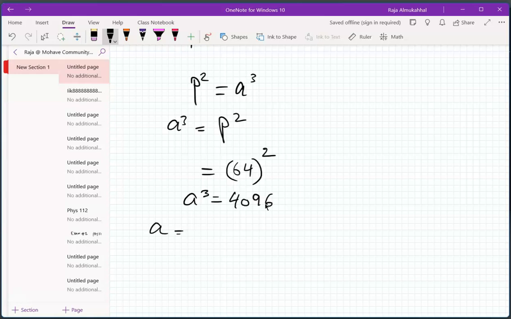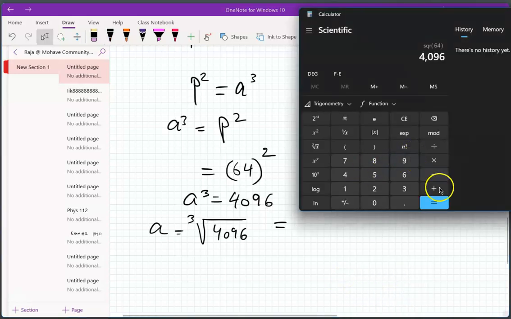It's basically the cube root. So I have the cube root of 4096, and hopefully your calculator has a cube root, or there are other ways to do it. With this calculator, you can use x to the power of y right there.